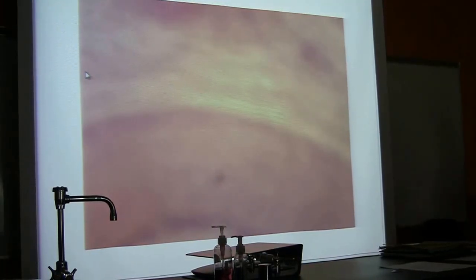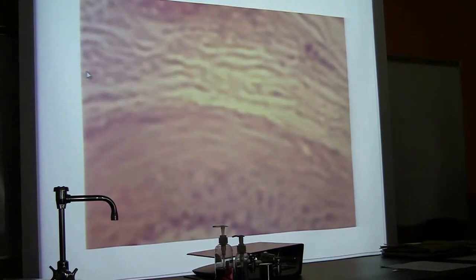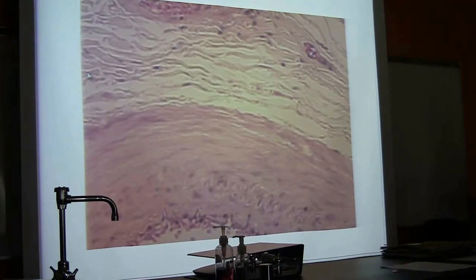Sperm then passes from the testis to a series of tubes, which I don't expect you to know the names of, but eventually it's picked up by tubes in the next organ, which lies alongside of it. And this is the epididymis. The epididymis also has a lot of tubes within it.